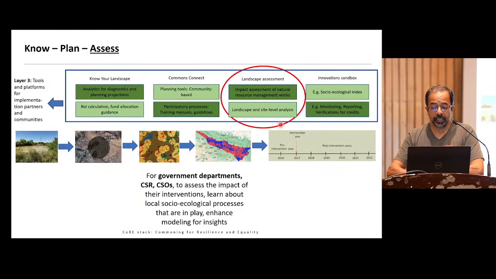Finally, we're also building impact assessment: if these things were done, farm ponds and so on, what impact have they had? The way we do it is that for any farm pond, we look at how the greenness around the farm pond is changing after the intervention year compared to before the intervention year.